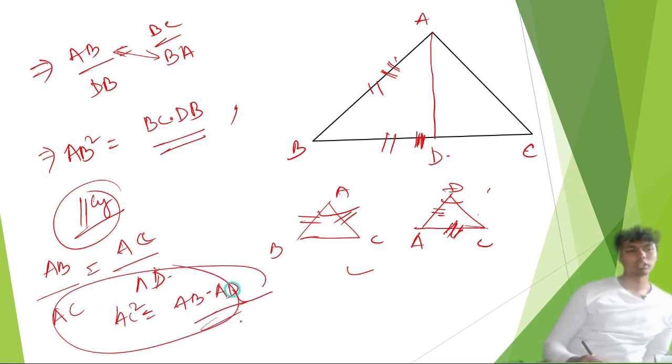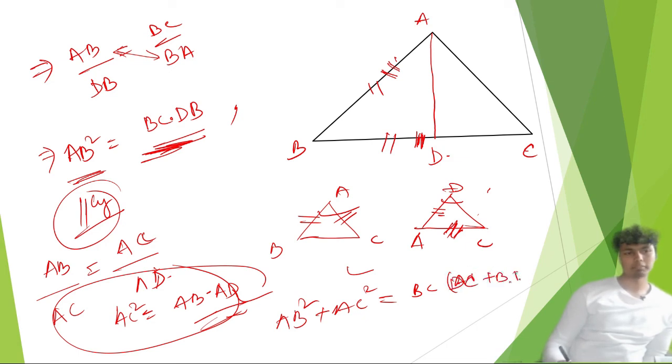So if you equate both of these, we can write AB square plus AC square is equal to BC into DC plus BD.